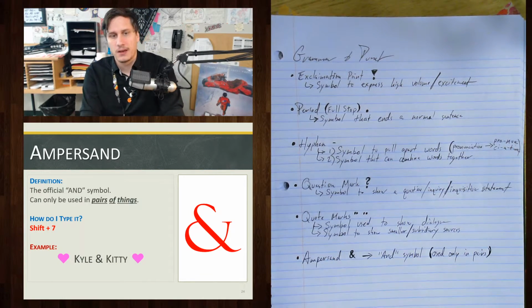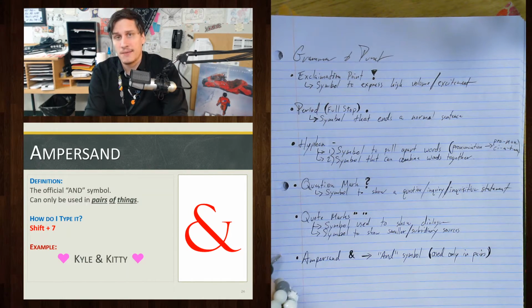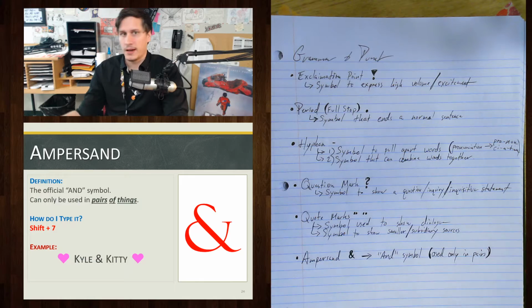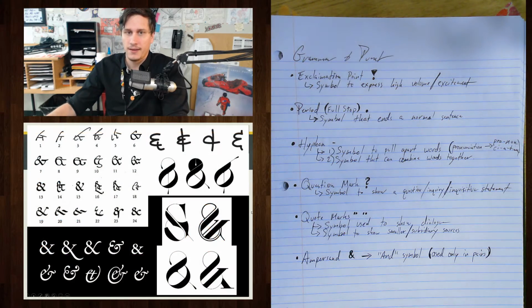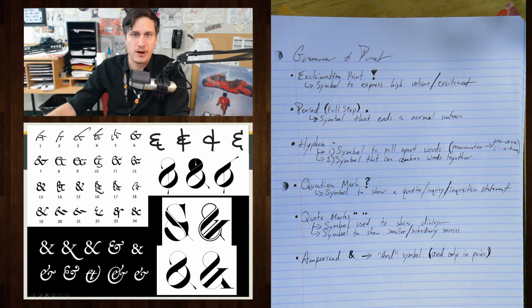All right. The ampersand can be drawn a bunch of different ways. This symbol has been around for a long time. These are some examples of what you would see in the real world. Keep in mind that people draw it differently all the time, and that's okay. Like these ones up in the top right corner, I've seen a lot of people do this in real life in their own handwriting. It's totally fine. It's all the same thing.